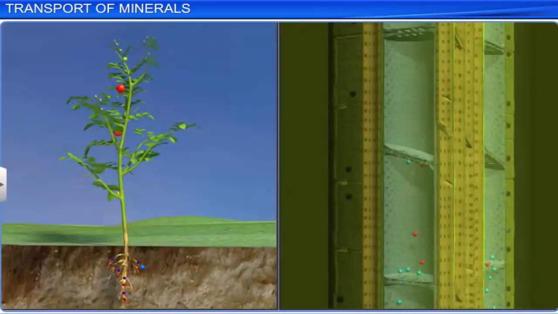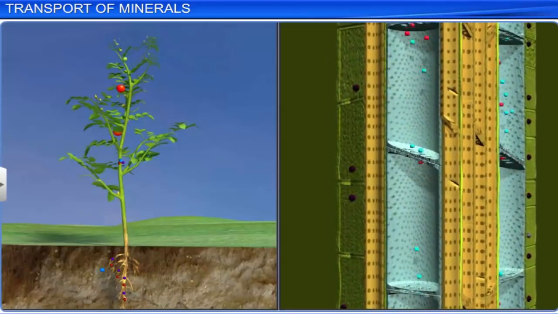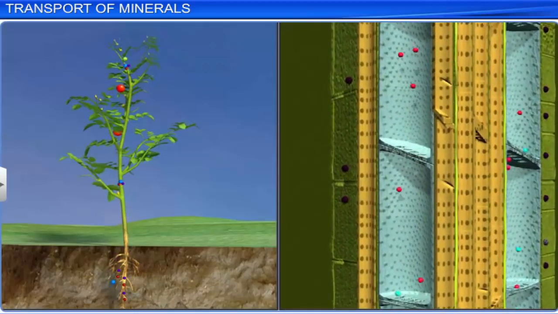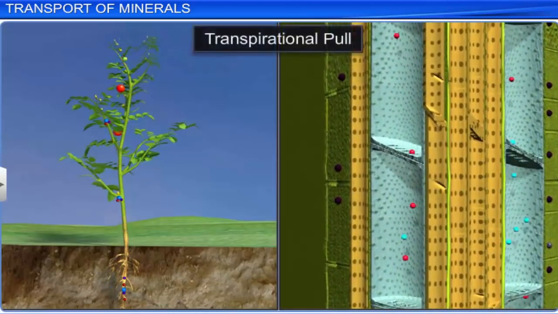After ions reach the xylem either passively or by active absorption, they are transported up the stem to the various sinks inside the plant body by transpirational pull.